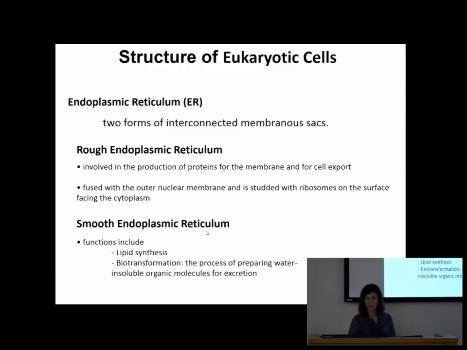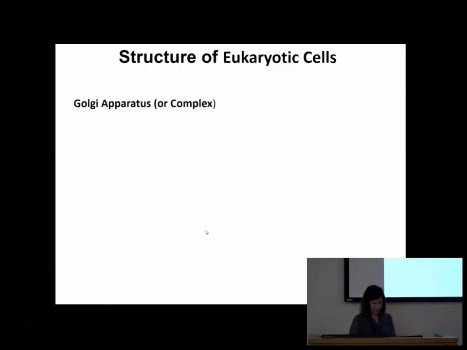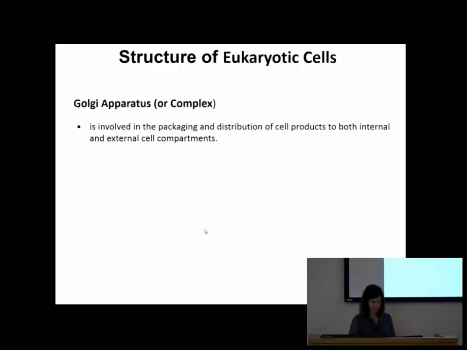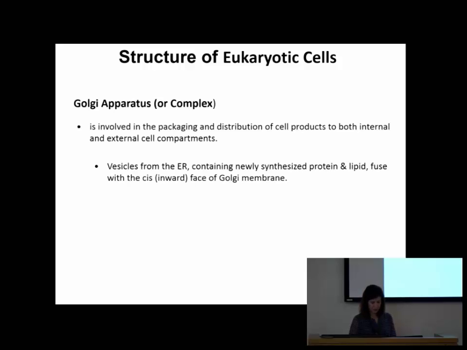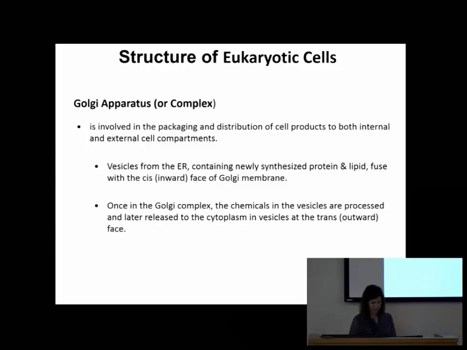The Golgi is our distribution center. It takes in new materials on the cis or inward face, processes them, and then releases it to the cytoplasm on the trans or outward face. We're not going to be here, all right? I'm not really going to cover anything that goes on here.